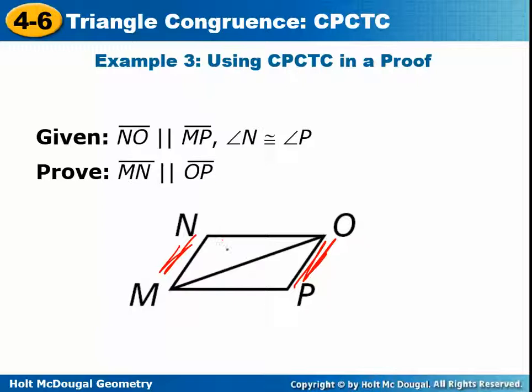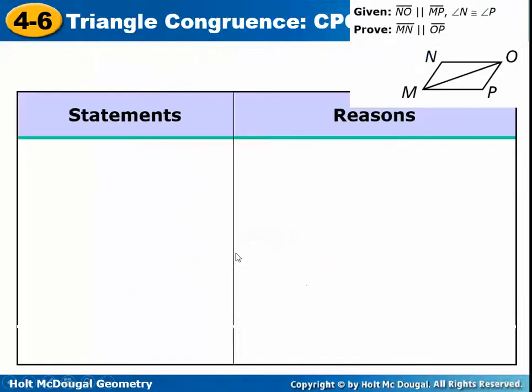So if I could show that triangle 1 is congruent to triangle 2, using the given information, and then use CPCTC to show that this angle is congruent to this angle, then I could use the converse of alternate interior angles to show that these lines are parallel.